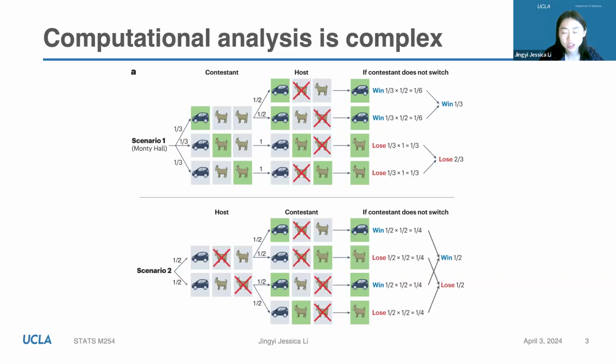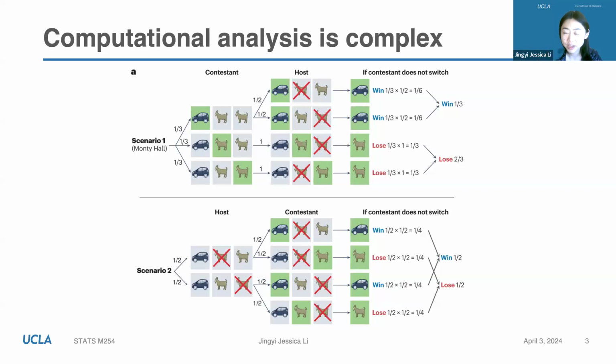So the question is, will the contestant have a better chance of winning the car if he or she swaps in the second round, or stays at the first choice? Most people's guess is it doesn't matter, including many mathematicians.